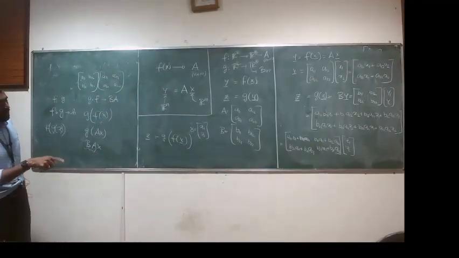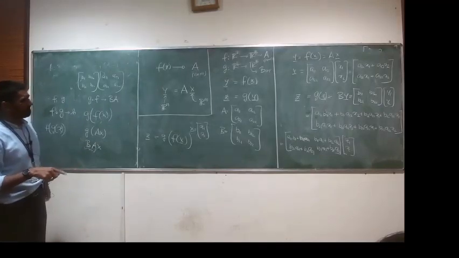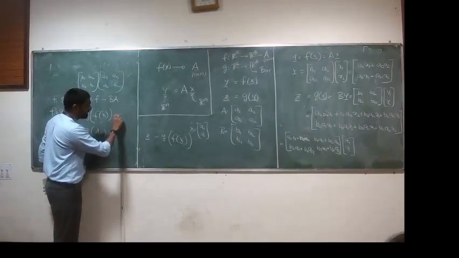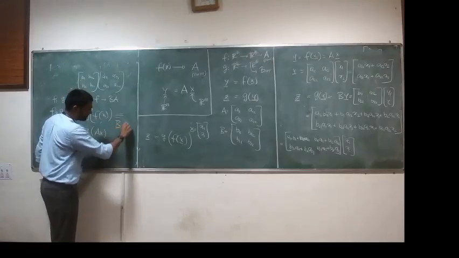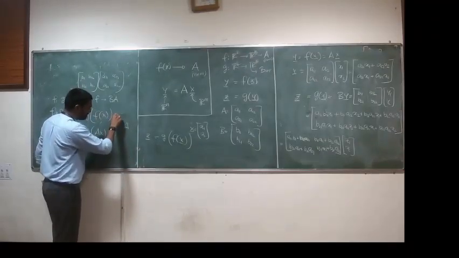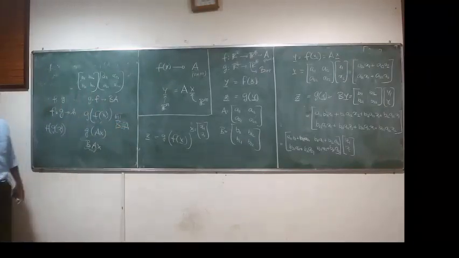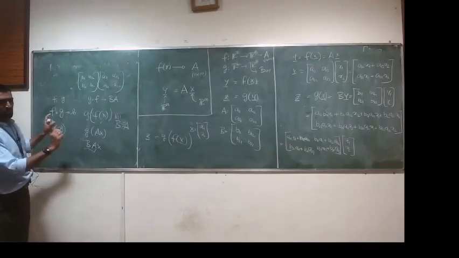Now it should also be clear why matrix multiplication has this rule that if you have BA, the columns of B have to match the rows of A. Why? If it's a composition operation, right?